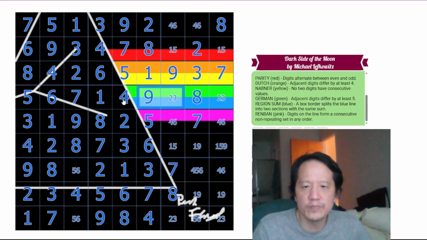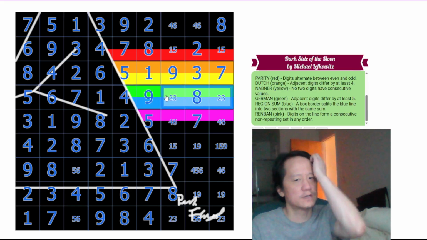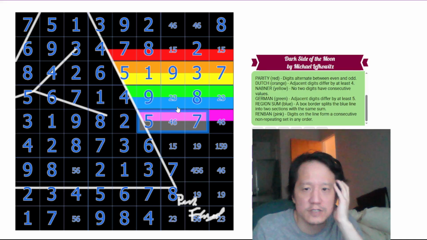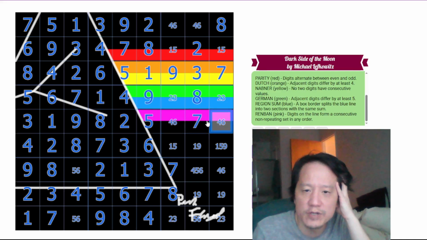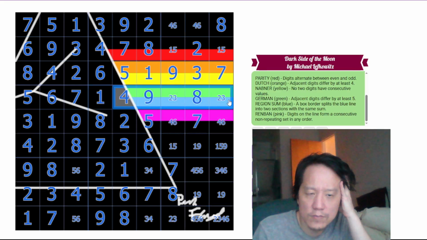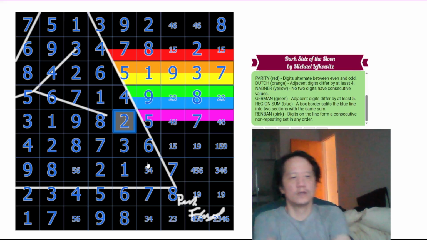Region sum 4, 9 add up to 13. 2, 3, and 8 add up to 13. Pink digits 4, 5, 6, 7: digits on the line form a consecutive non-repeating set. So 4, 5, 6, 7 works. Yeah, I don't know what's going on.